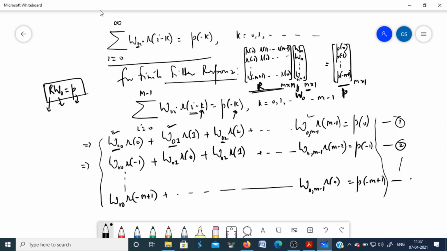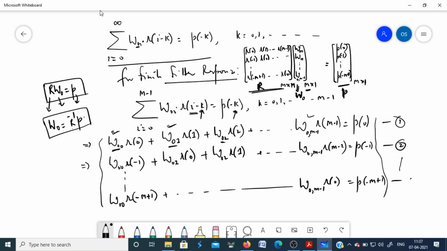Okay, so if R is non-singular, that is, if its determinant is non-zero, you can find W optimum as R inverse P. So this is what is my Wiener filter solution, or the Wiener-Hopf equations for a filter which has finite impulse response.